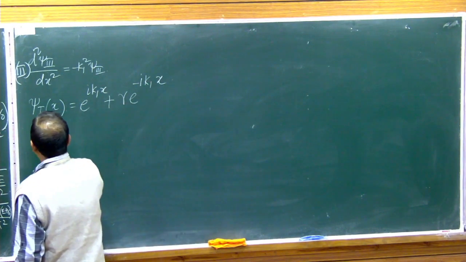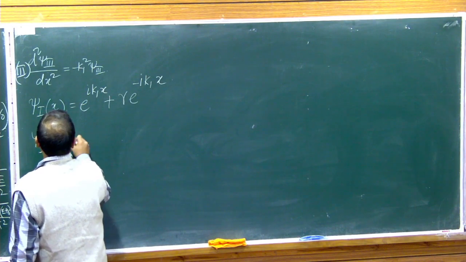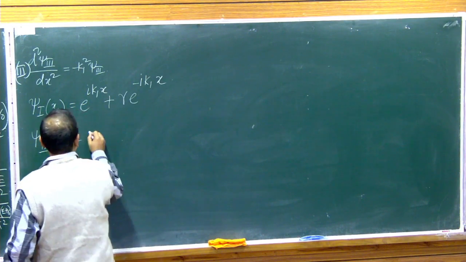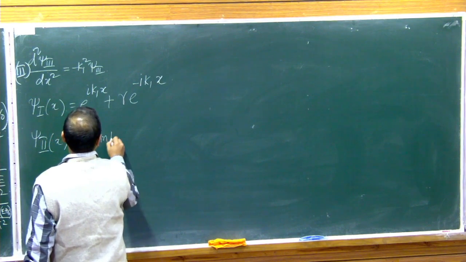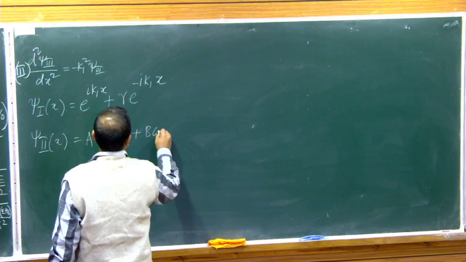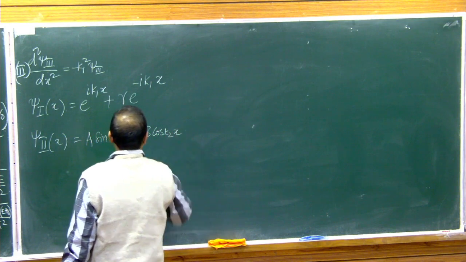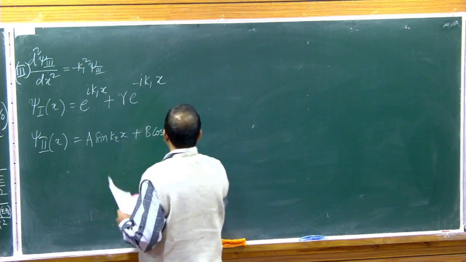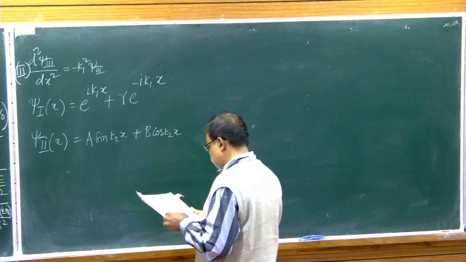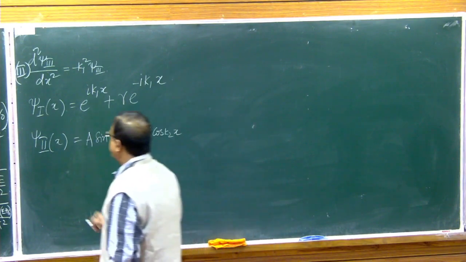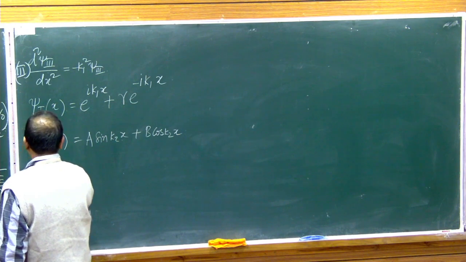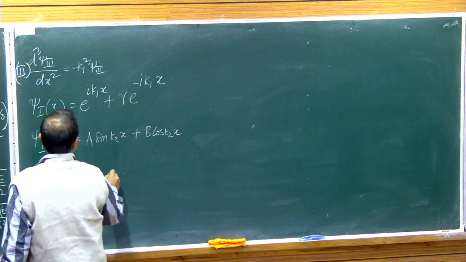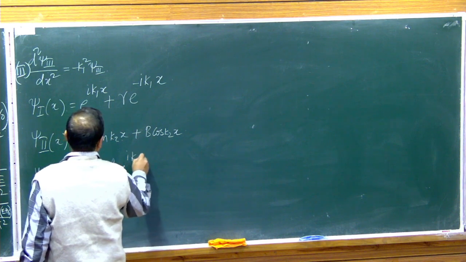Similarly, psi 2, there is not much to do here, you simply can write it as a sine k2x plus b cosine k2x, and this is for region 2, which is between minus a to plus a, and the third region will simply have a t exponential i k1 x.